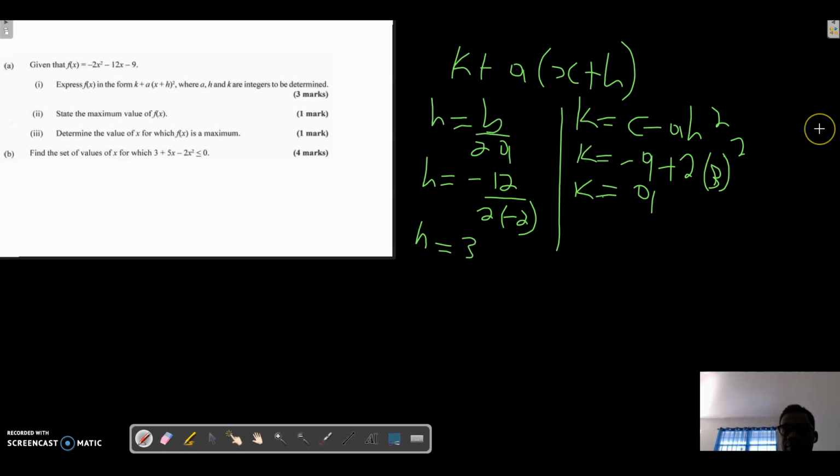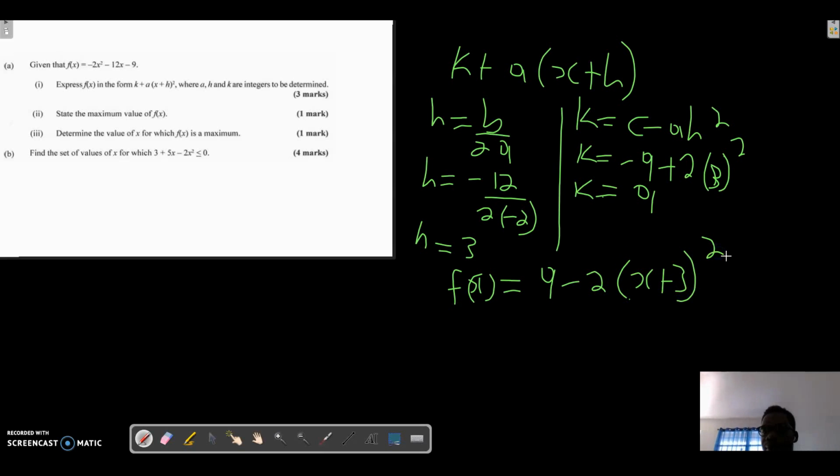So to express it in the form, I'm going to have f of x is equal to k, which is 9, plus a, and since a is negative 2, you're going to have minus 2 into x plus h, so that's x plus 3 all squared. Alright, so that's your 3 marks there.